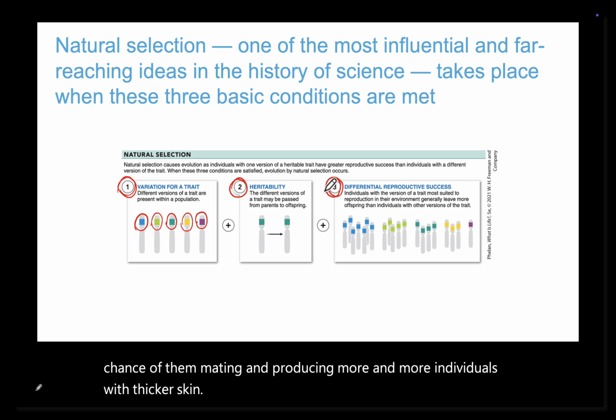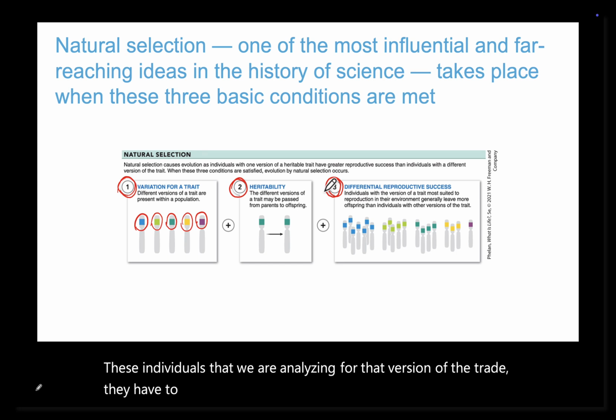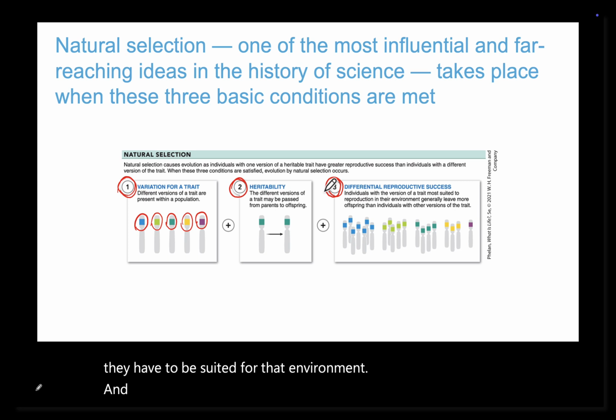Okay? So, these individuals that we are analyzing for that version of the trait have to be suited for that environment. And being suited, they leave a more numerous offspring in that environment with that trait.